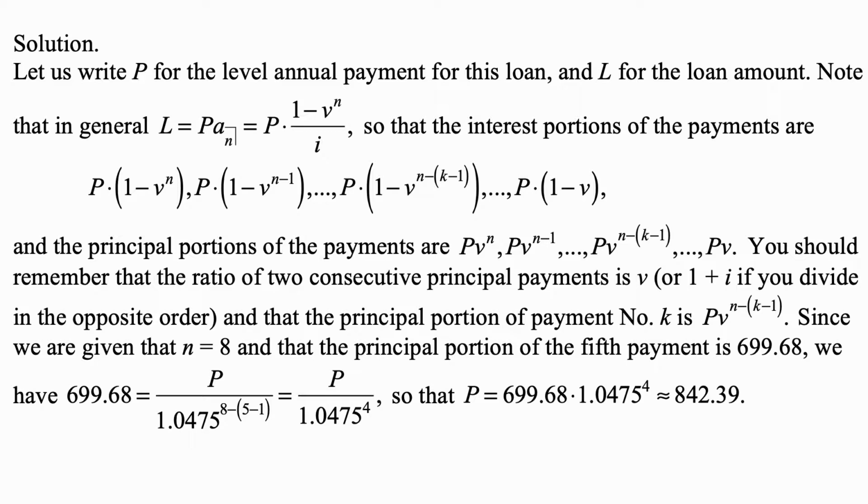That's the same as P over 1.0475 to the fourth, so that P is equal to 699.68 times 1.0475 to the fourth, and that's approximately 842.39, so that's the payment amount on this loan.